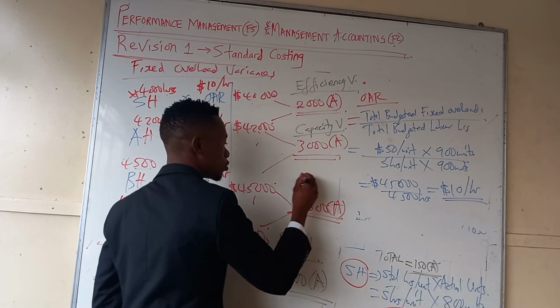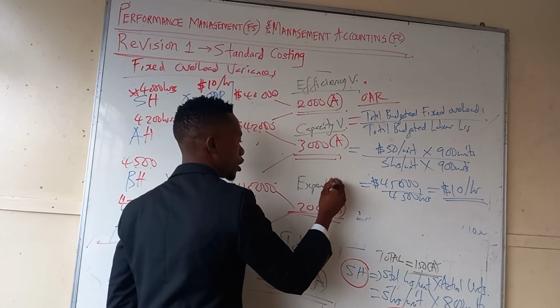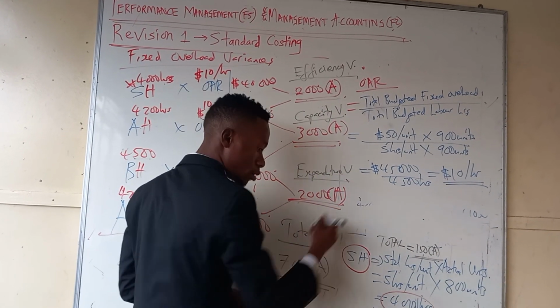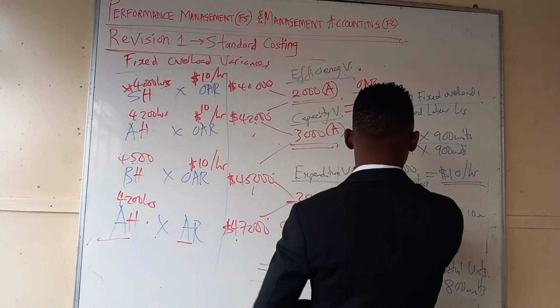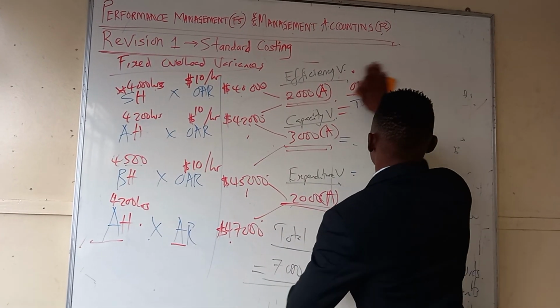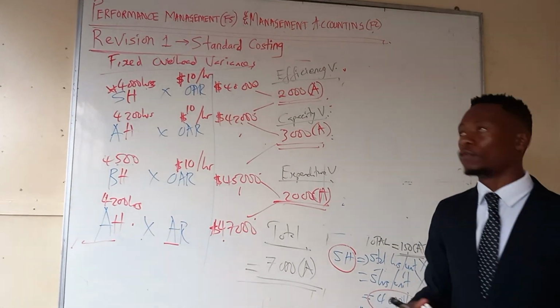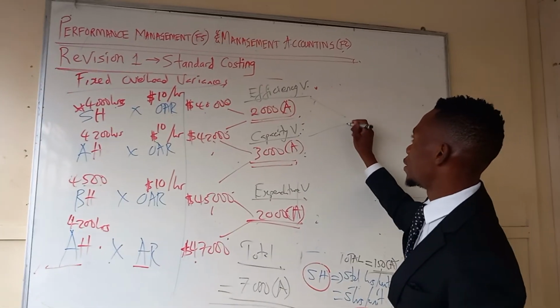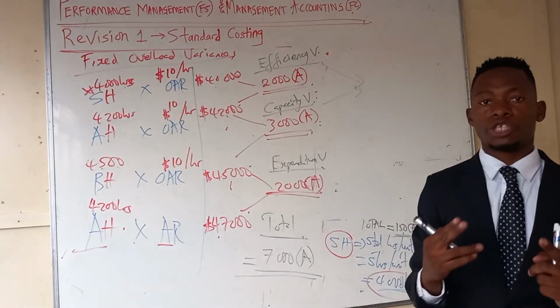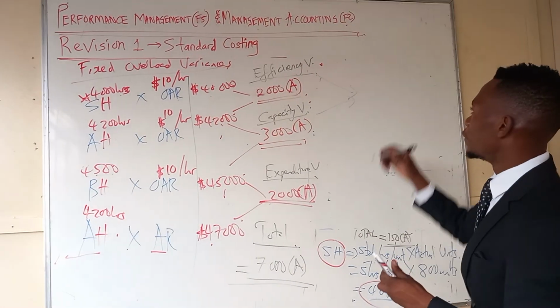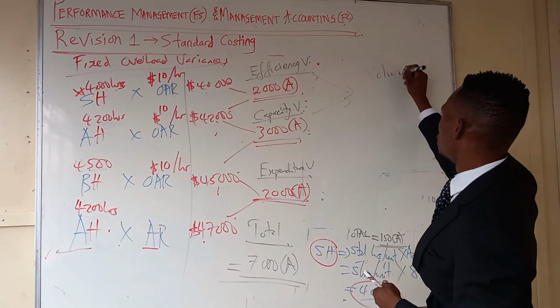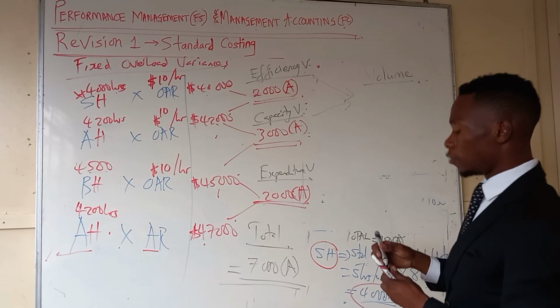Then the last one, this will be your expenditure variance. Right. So these are your variances. Sometimes they might say give us the volume variance. Efficiency and the capacity, these two will give you the volume variance.